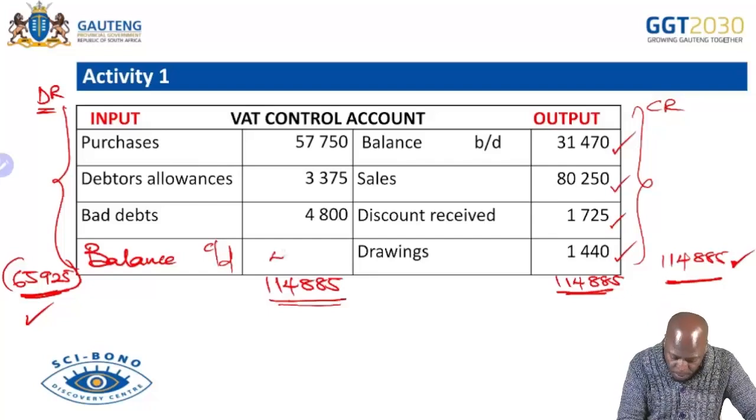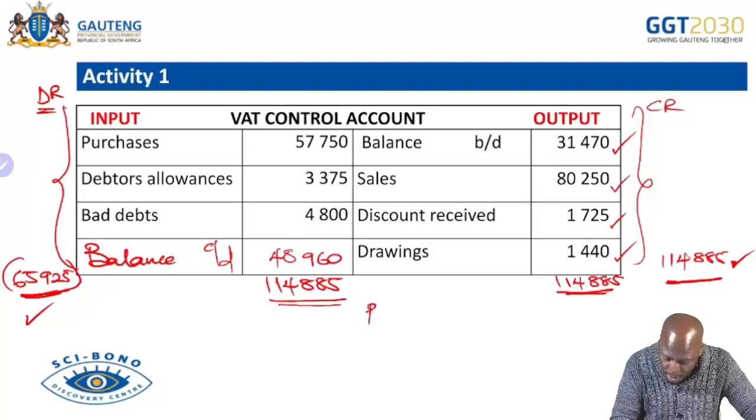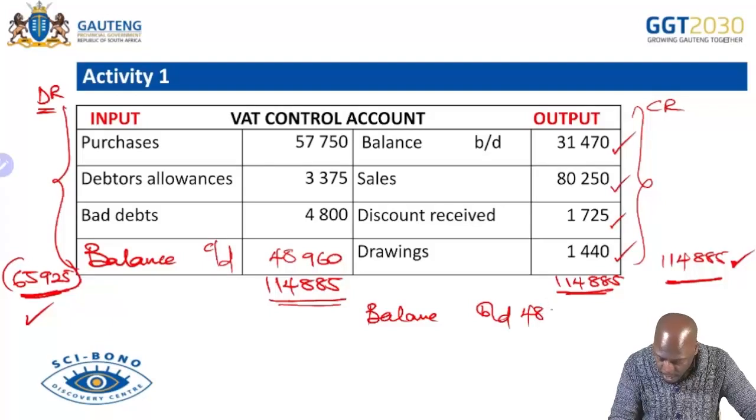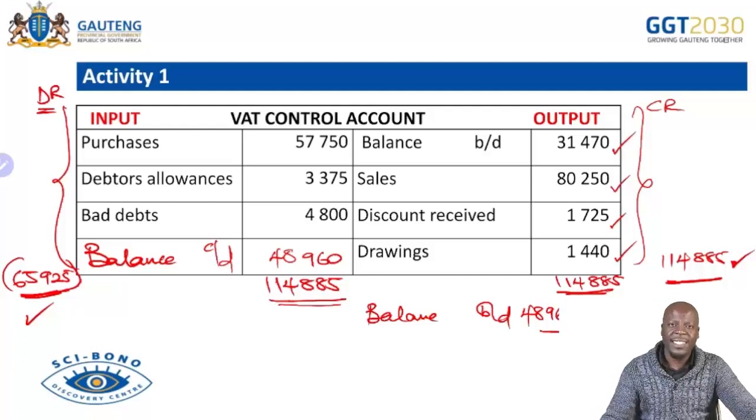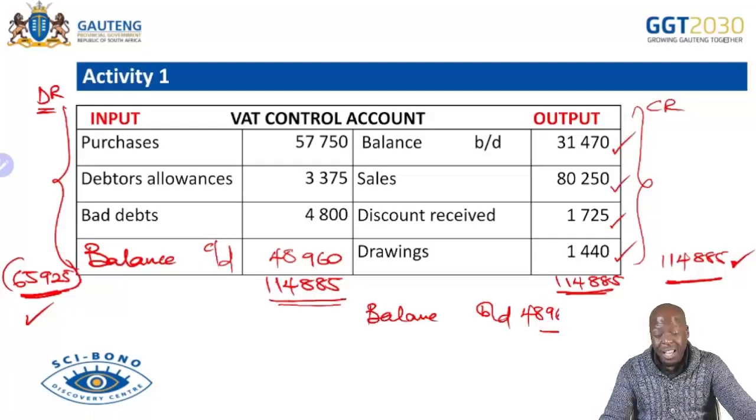Someone is saying it's 48,960. So I come here and the balance brought down becomes 48,960. That becomes the final answer. They've already told us that it is due to SARS, so they wanted the amount, 48,960.